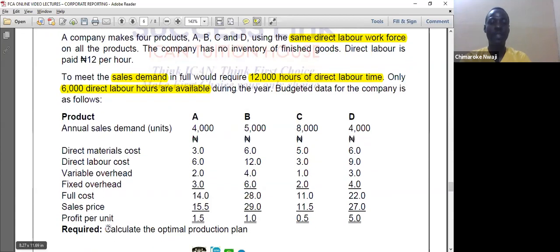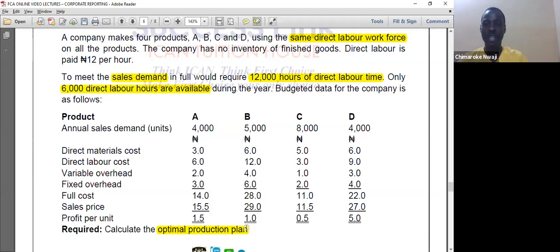Now requirement, calculate the optimal production plan. Now that's step 6, optimal production plan. You see here, the question did not directly tell you that labor time or labor hours is the limiting factor. They didn't directly tell you.